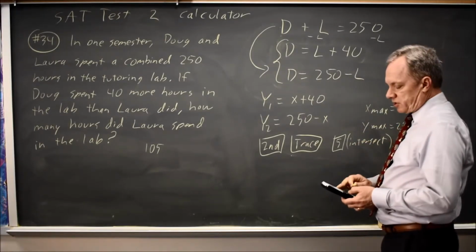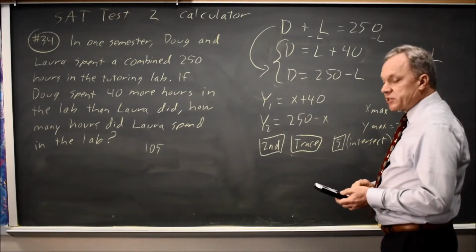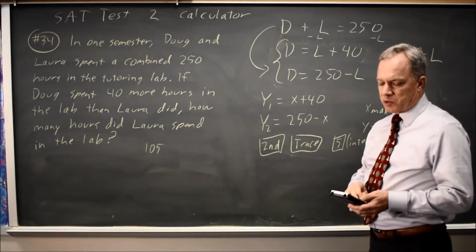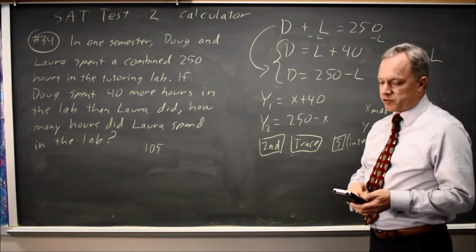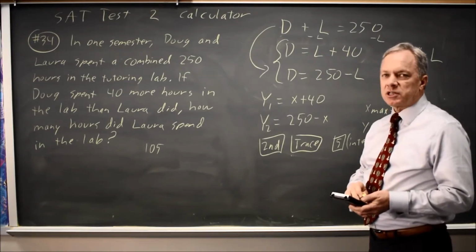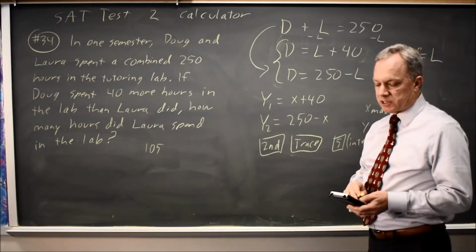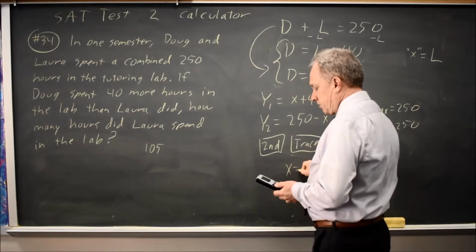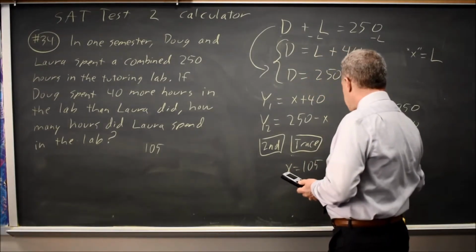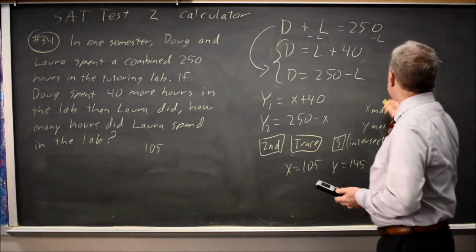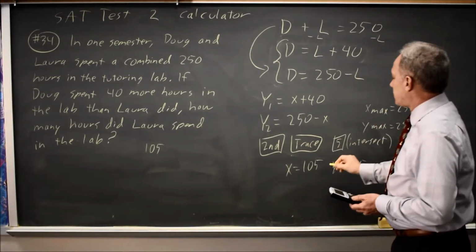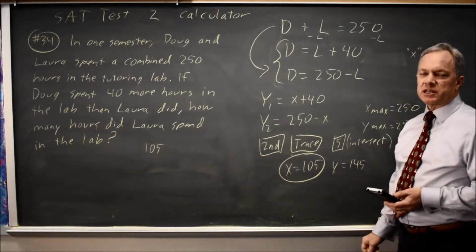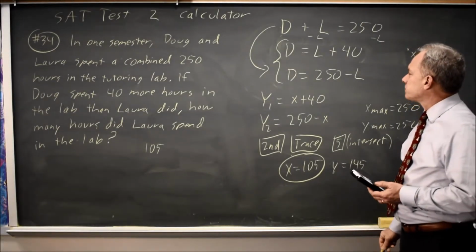I'm looking for the intersection of the two graphs, and I'll just hit enter 3 times because the intersect function defaults to y1 for the first curve, y2 for the second curve, and it's not worth the time to scroll over to the point of intersection when I can just hit enter and the calculator will find it for me. The point of intersection says x equals 105, y equals 145, and I said x is L, Laura's hours, so this is the answer they're looking for, and the y equals 145 is the same y value that I found previously.